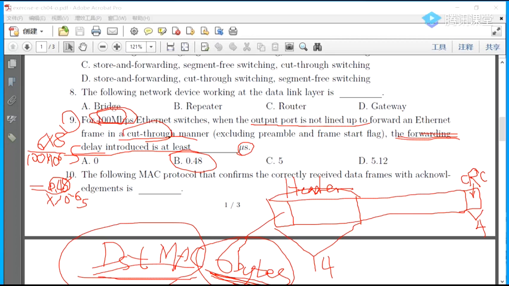So for cut through, after the first 6 bytes are received, the switch can immediately forward the frames, depending on the destination MAC, right?